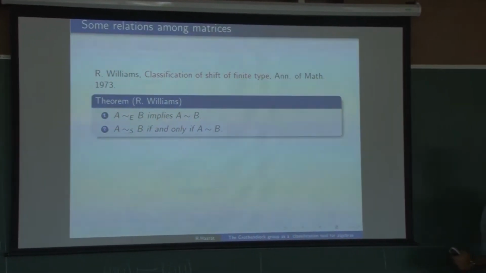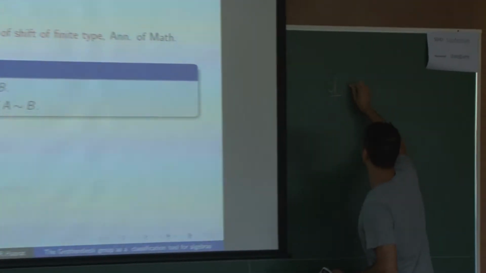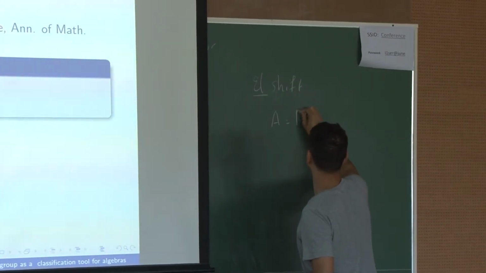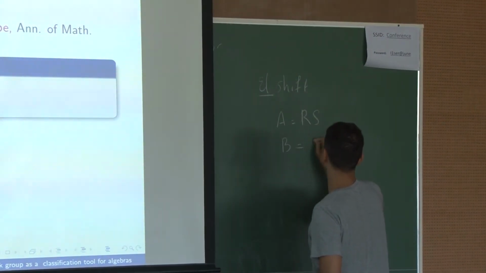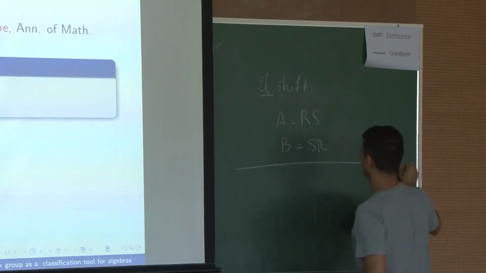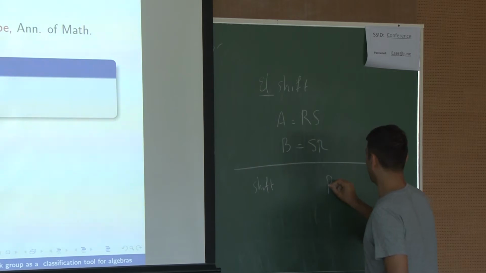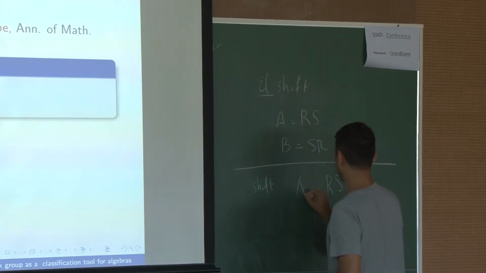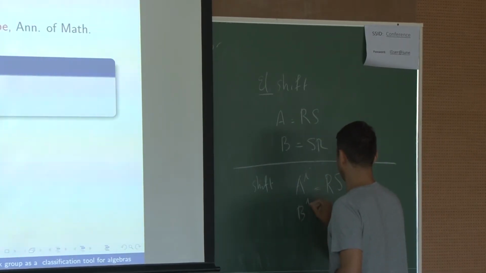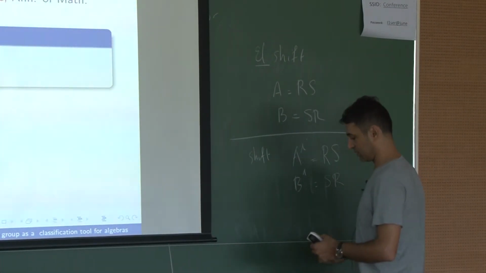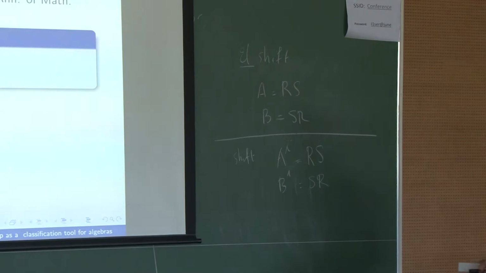Elementary shift means you have A gives you RS and B gives you SR. Shift equivalent means you have again some R and S that give you some power of A and some power of B, and then you have to commute. I want to get this right.